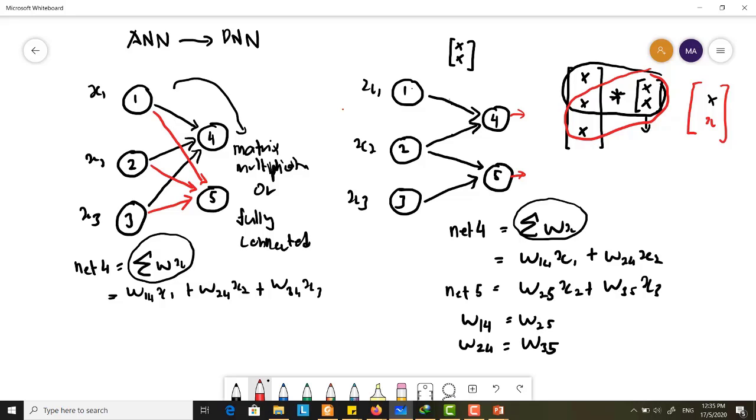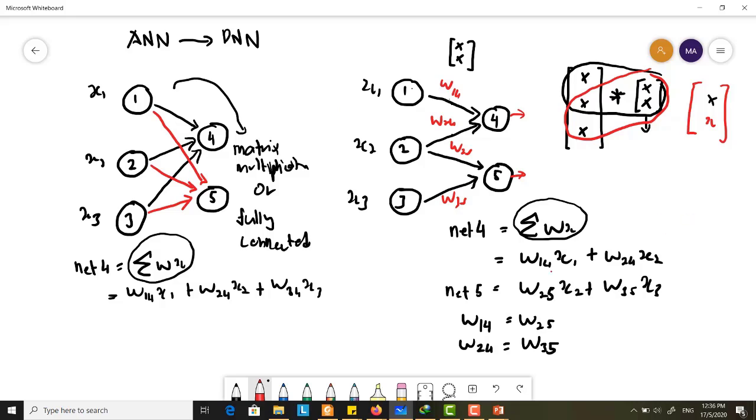So what is the difference between matrix multiplication and convolution in terms of architecture? To find net 3, net 4, this one is W14 times x1, and then plus W24, this one is W24, this one is W25, this one is W35.